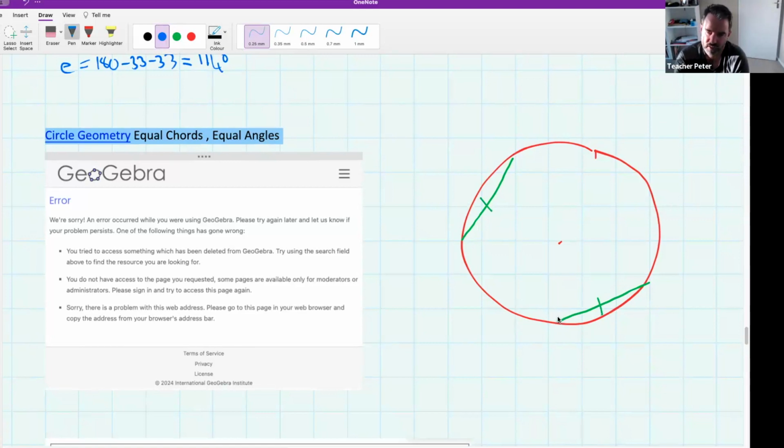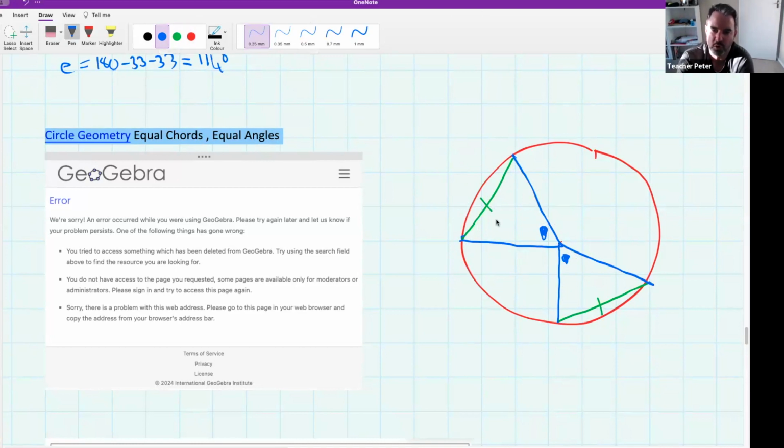Equal chords subtend equal angles at the center. Let me just draw this again. Equal chords subtend equal angles at the center. So as long as your chords are the same, they will make the same angle at the center. And so that's called the equal chords, equal angles theorem.